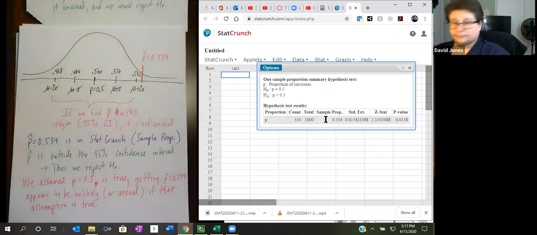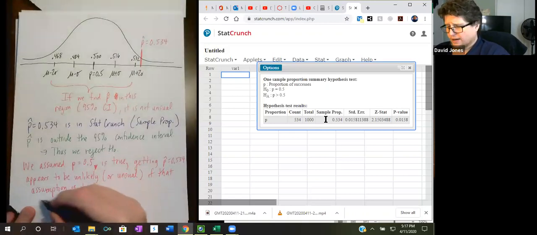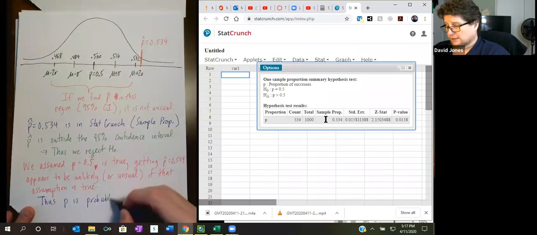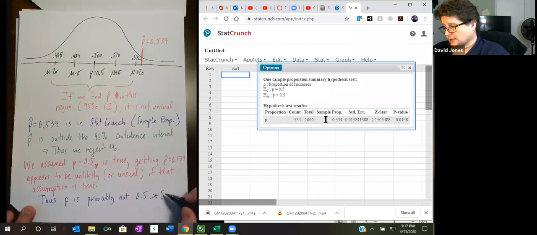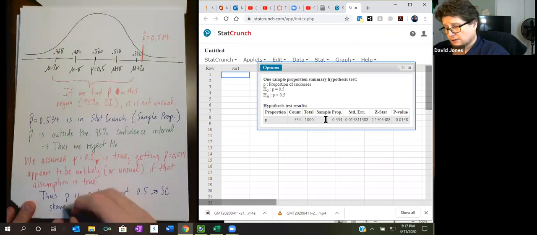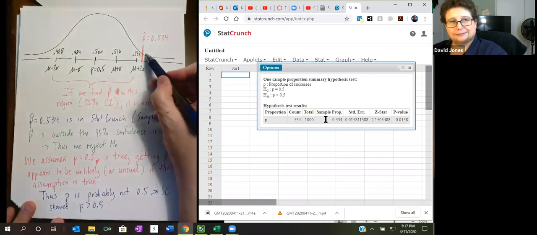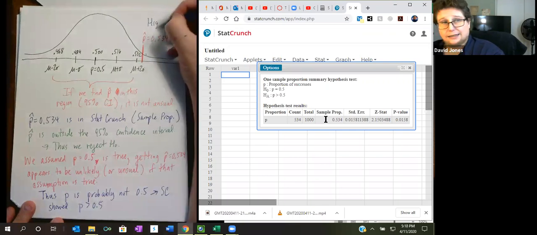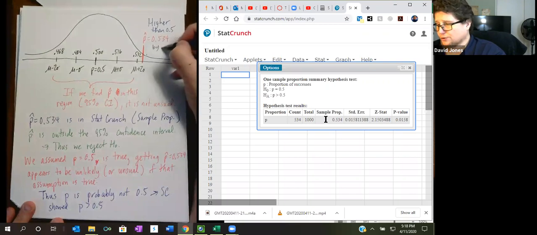So we reject it. Thus, p is probably not 0.5. And our test showed not only is it not 0.5, but it's higher than 0.5 because it's on the right side over here, higher than 0.5 by more than 2 deviations.